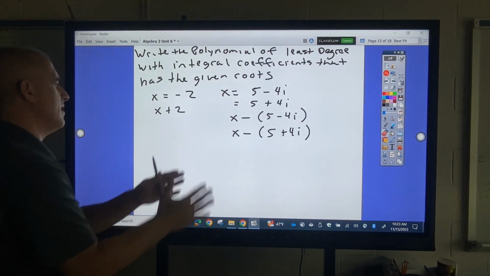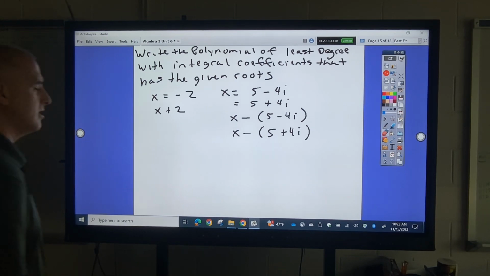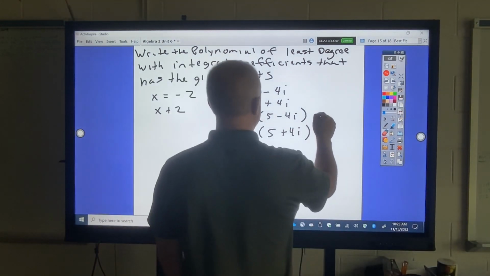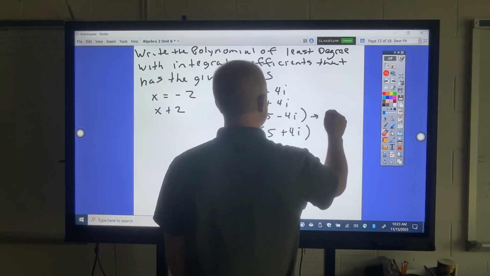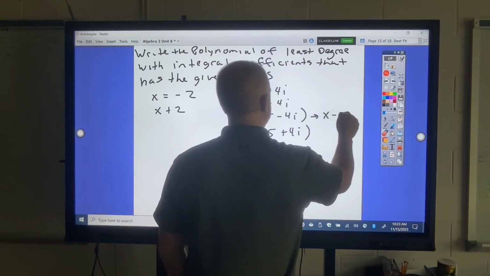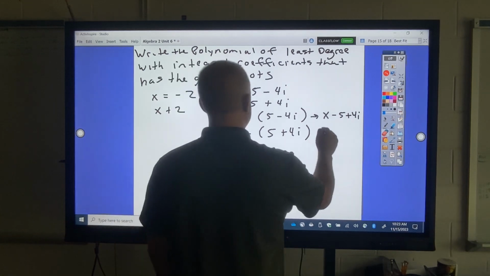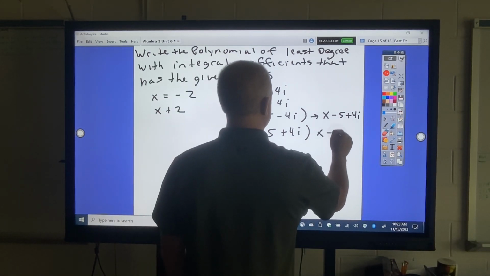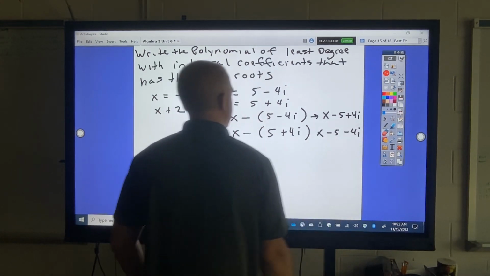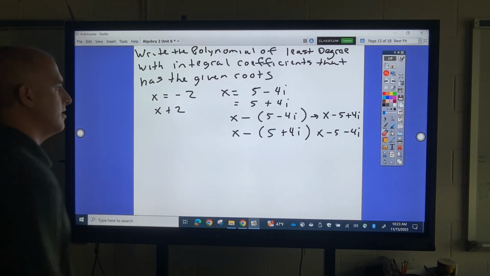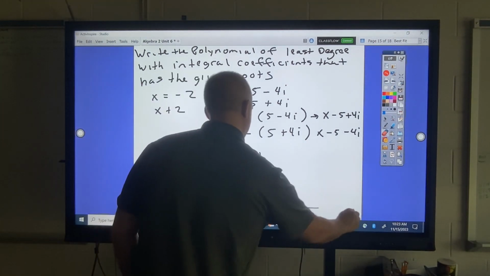So the whole thing moves over. Now, what I would do is turn this into x minus 5 plus 4i, and turn this into x minus this minus 4i. All right, let's see if that works out now.